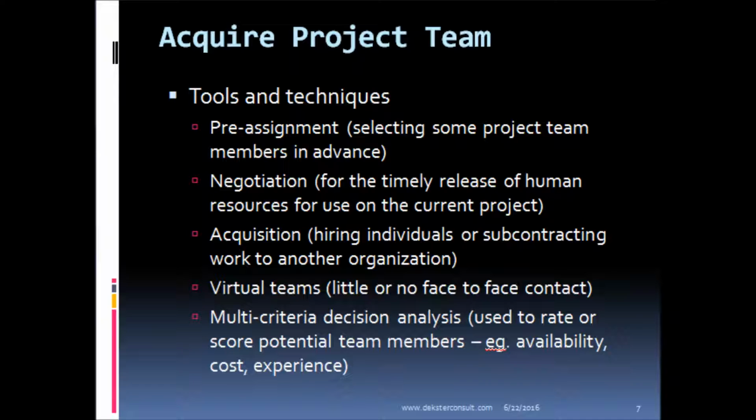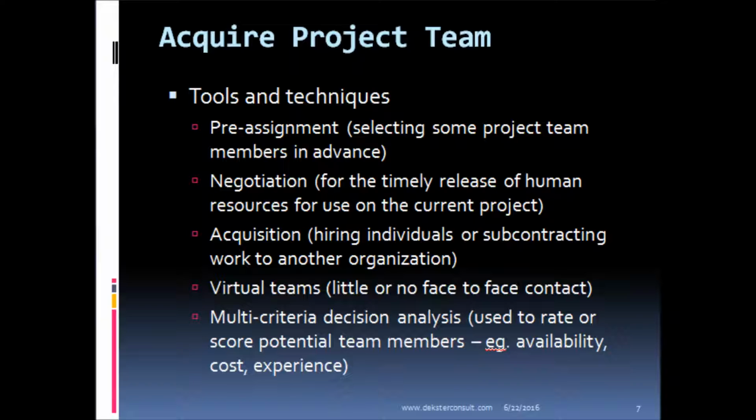The tools and techniques that could help in this process will include pre-assignment, which talks of selecting some project team members in advance. Then, negotiation is necessary for the timely release of human resources for use on the current project. We could negotiate with functional managers or negotiate with the people we are trying to bring on board.